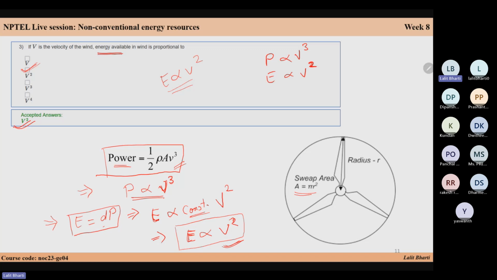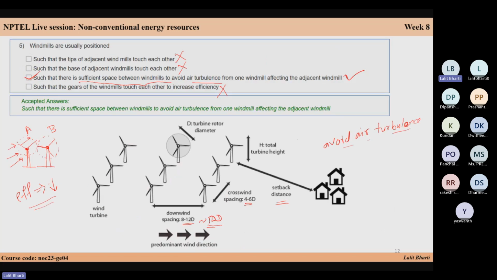Then we go to our next question. This is one of the questions we also encountered in our last class. Windmills are usually positioned such that the tip of the adjacent windmill touch each other, or such that the base of the adjacent windmills touch each other, or such that there is sufficient space between windmills to avoid air turbulence from the windmills affecting the adjacent windmill, and fourth, such that the gears of windmills touch each other.